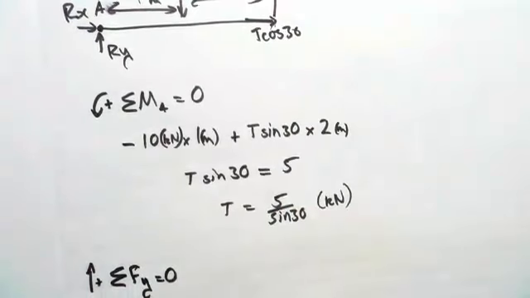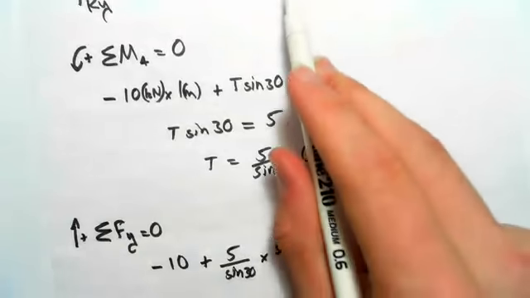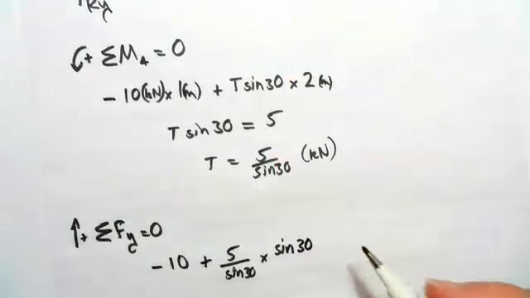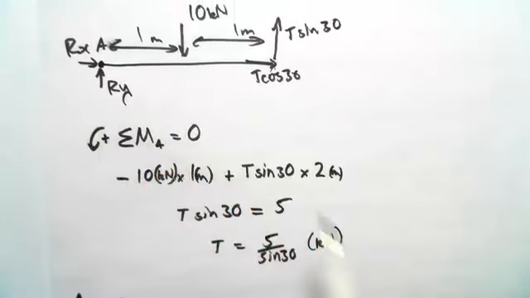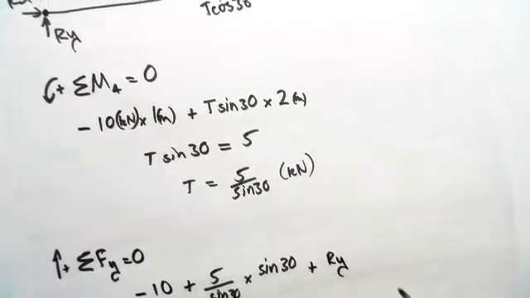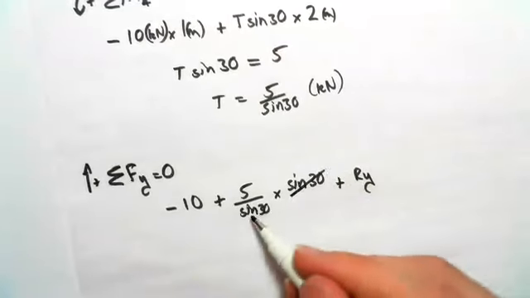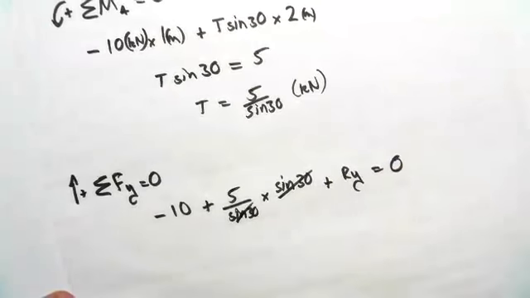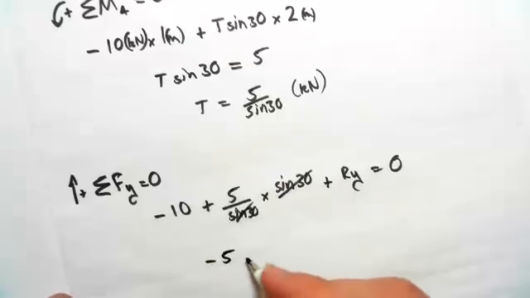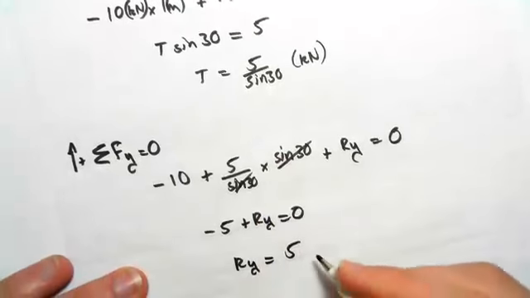T is equal to 5 on sine 30, times sine 30, and then plus Ry, because that's the other force acting in the y direction. You can see that this cancels out here, so this equals 0 because the sum of the forces equals 0. So we have negative 5 plus Ry equals 0, so Ry equals 5 kilonewtons.